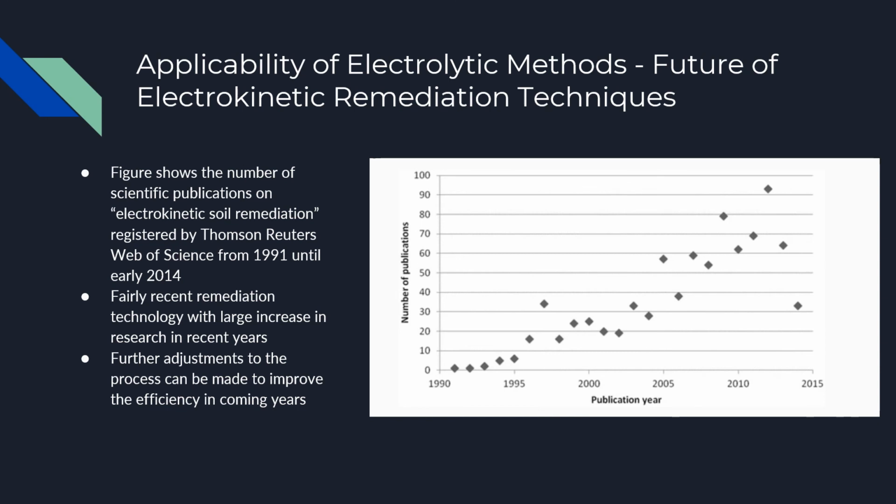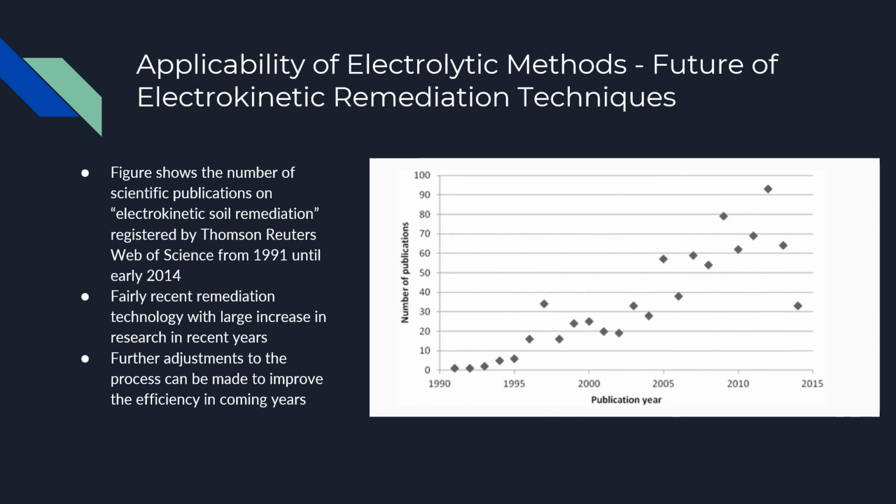The figure seen on the right shows the number of scientific publications on electrokinetic soil remediation registered by Thomson Reuters' Web of Science from 1991 until early 2000. As you can see in this figure, it's a fairly recent remediation technology with large increases in research in recent years.